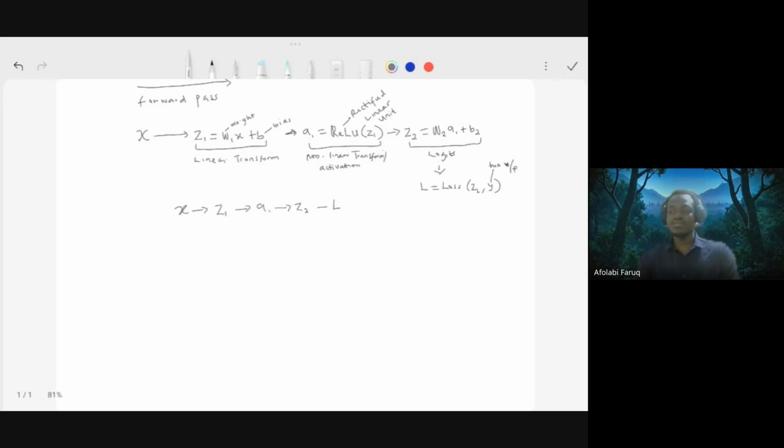So don't forget that, right? Now, we are going to start looking at the backpropagation.